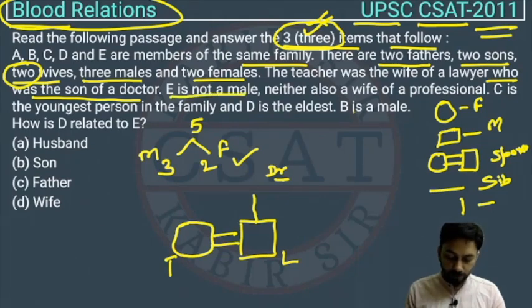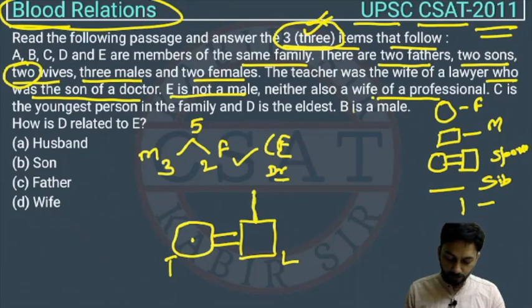E is not a male, so what? E is a female, right? So there are 2 females only. So one is E, right? And E is also not a wife of a professional, right? So E won't come here because if E came here, then E would become the wife of the lawyer. But here they have mentioned she is not a wife of a professional. So E won't come here, right?